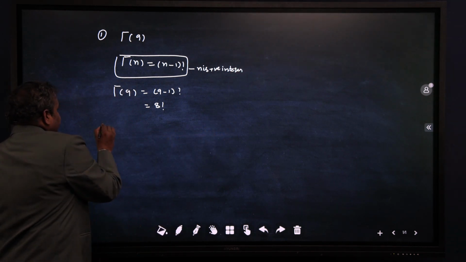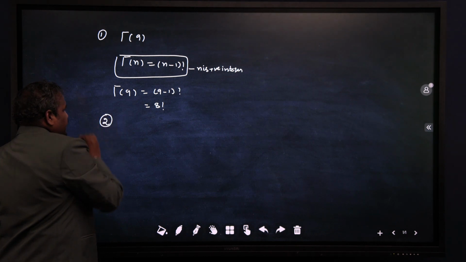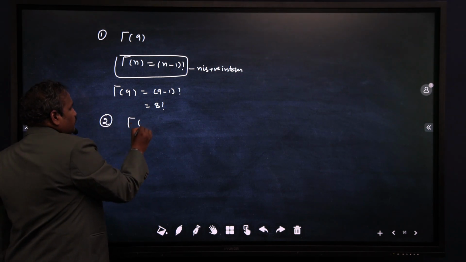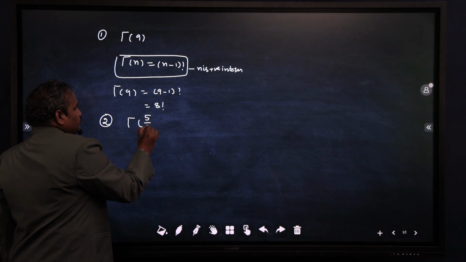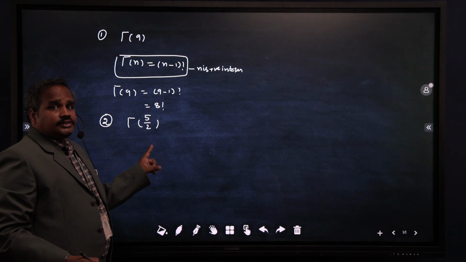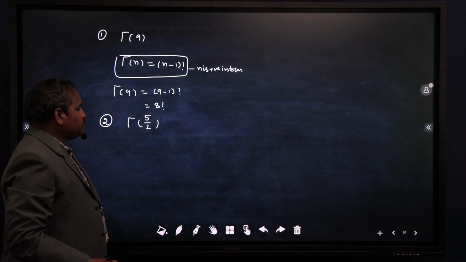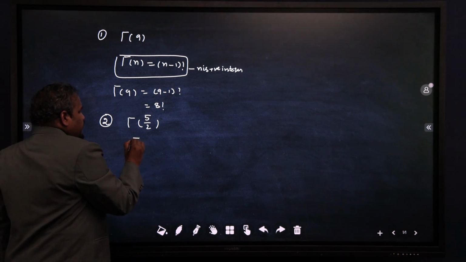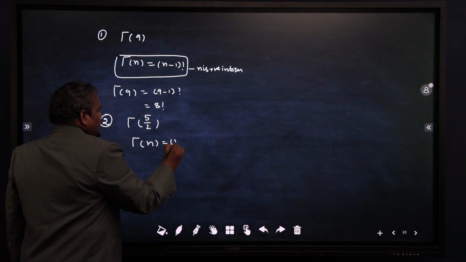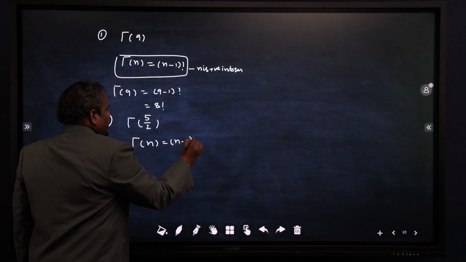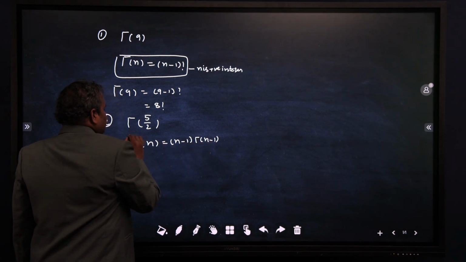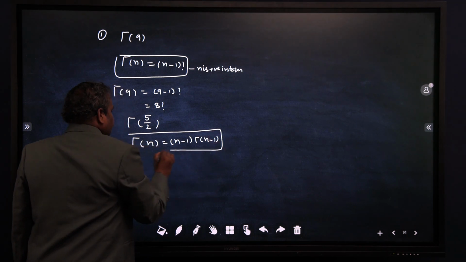Now coming to the second problem. Second one is gamma of 5 by 2. If you observe here, n is a rational number. For a rational number, we use the formula gamma of n is equal to n minus 1 into gamma of n minus 1, which is called the reduction formula.